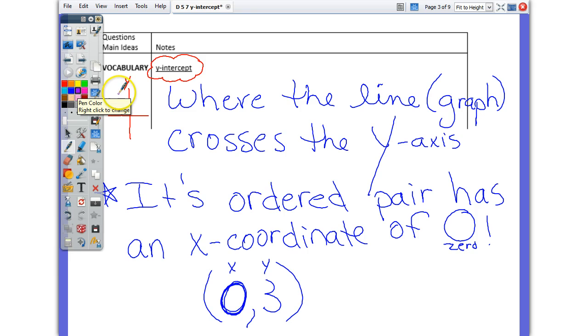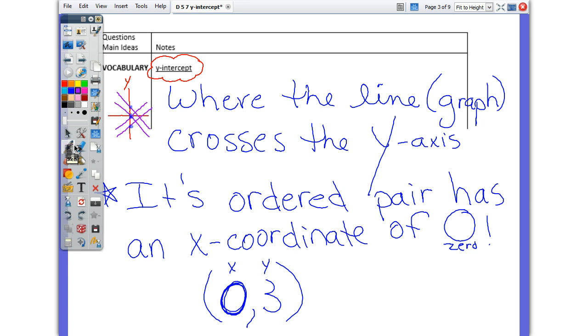And when you graph a line, this way, could go this way, could go this way, on a graph, all the points where it crosses the y-axis is called the y-intercept. So right here, these are all spots of the y-intercept, where they cross the y-axis.